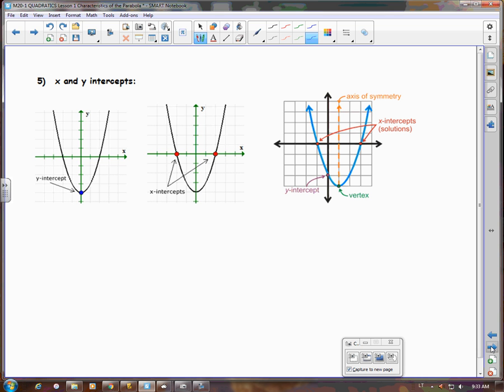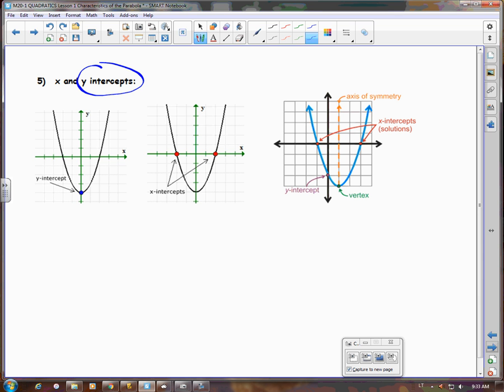Now, all parabolas have a vertex. That means all parabolas have an axis of symmetry. All parabolas will have either a maximum or a minimum point. All parabolas will have a y-intercept, because for any quadratic function, you can substitute 0 for x.